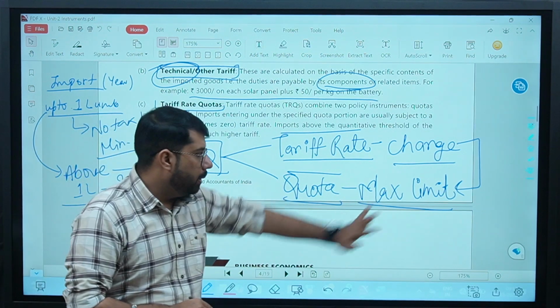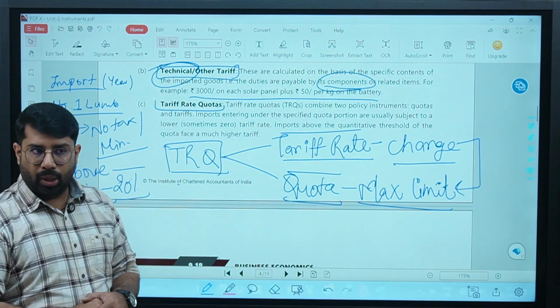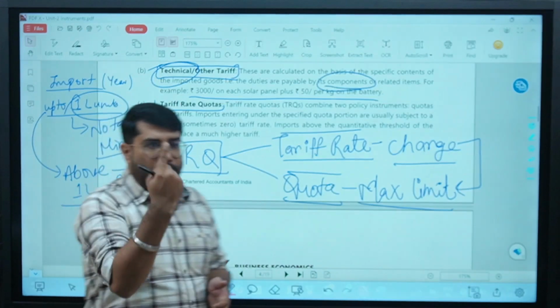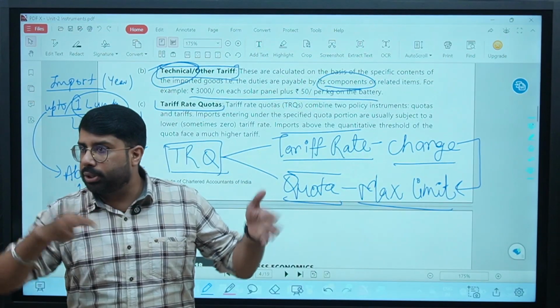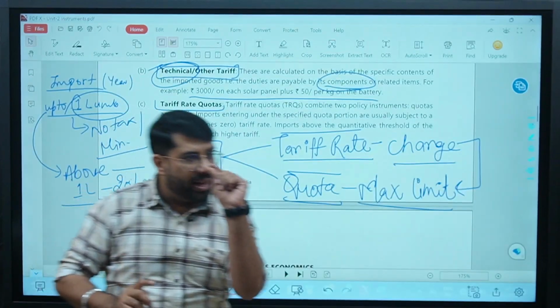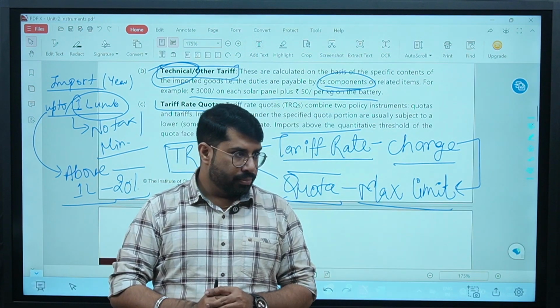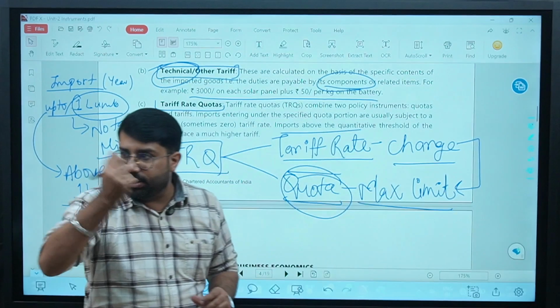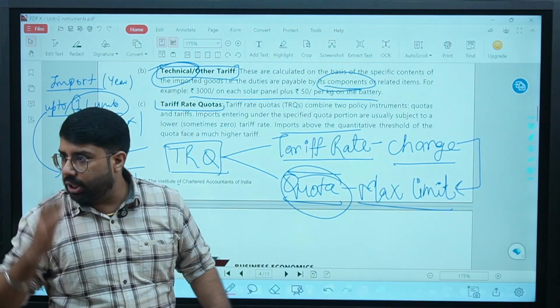We are putting a maximum limit here. Sir, what is the maximum limit? 1 lakh. In 1 year, within 1 lakh units, either no tax or a very minimum tax. That is the quota. And the moment you exceed this quota, what will happen?